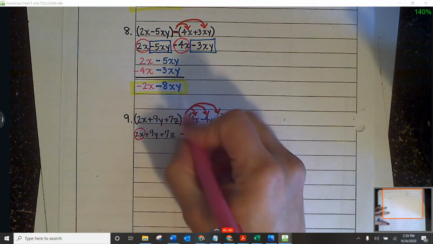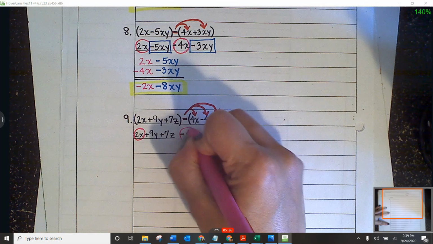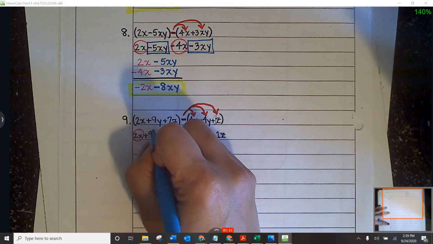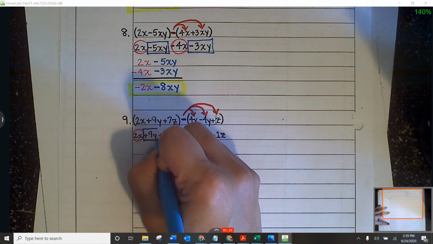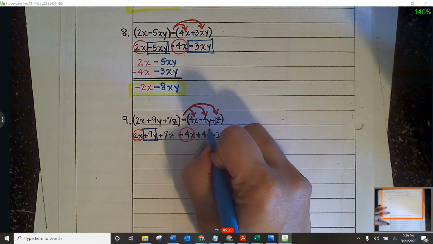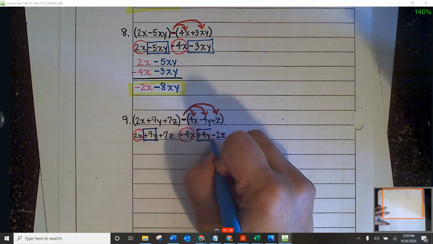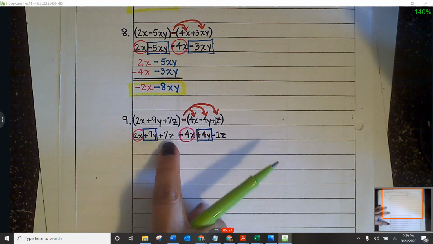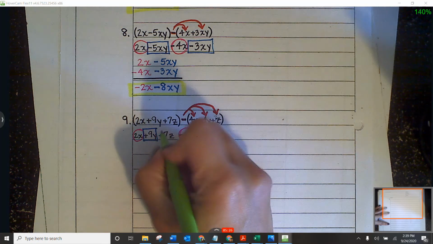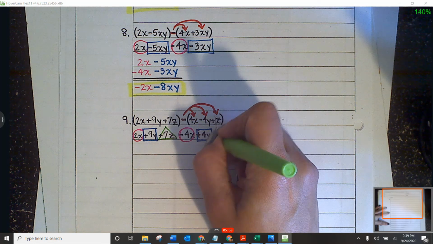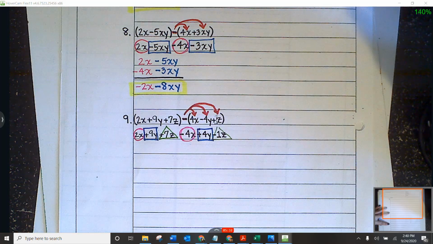Now, I do have another like term, which is negative 4x. I'm going to box my next term, positive 9y. Oh, I have another positive 4y right here. Now my triangle, my last term, has a z. That's a positive 7z and a negative 1z.